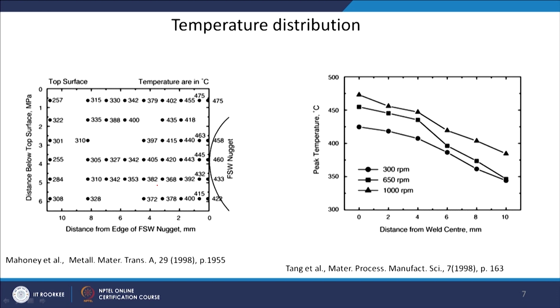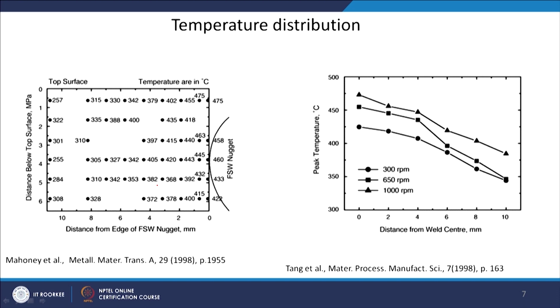The temperature attained is around 400 to 500 degrees Celsius, around 473 and so on. So, you can say it is around 0.7 of the melting point, 0.7 Tm of aluminum. So, in FSW and FSP the temperatures attained are around that.